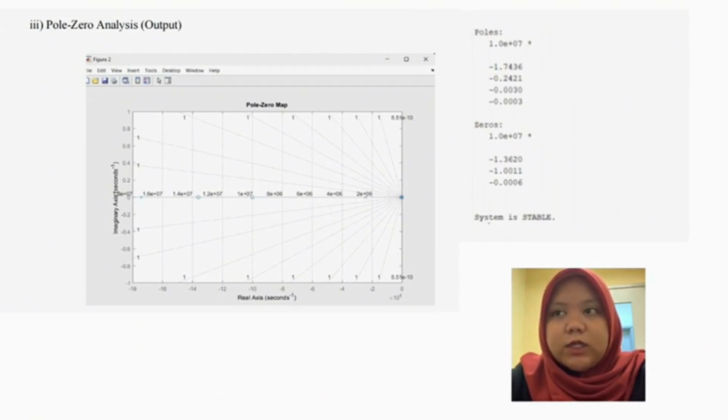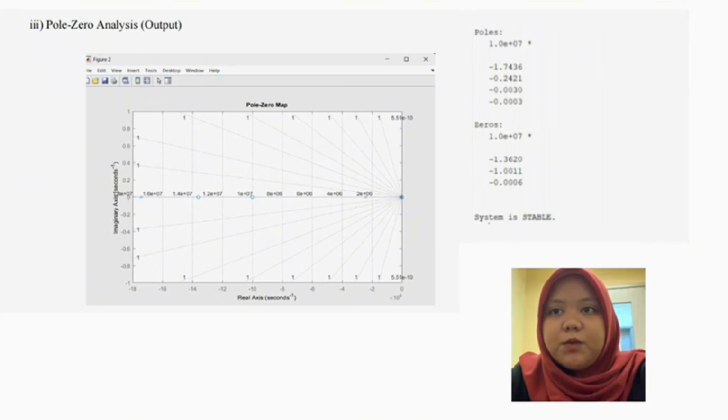MATLAB also checks the system stability by examining the real parts of all poles. Based on the result, all poles are located in the left half of the S-plane. Since every pole has a negative real value, the system is stable. The negative pole locations indicate that the transient response naturally decays over time without producing sustained oscillation.